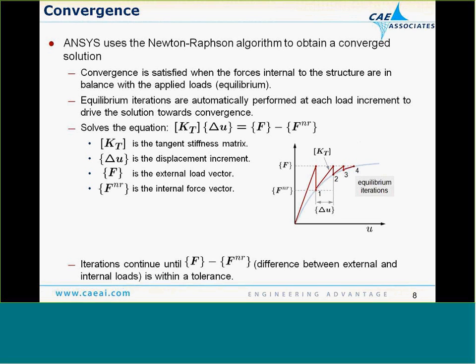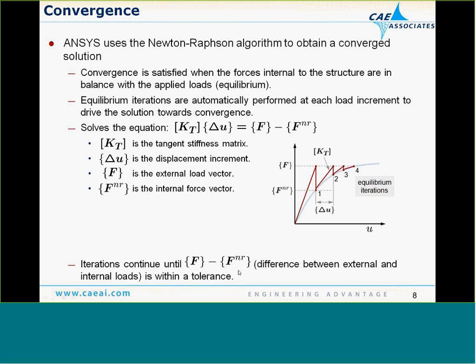So it has to go through a series of iterations, and you'll see this in the graph on the right. As it solves, it's constantly updating that KT stiffness matrix until the applied forces are balanced by the internal forces. That's the F and R vector.